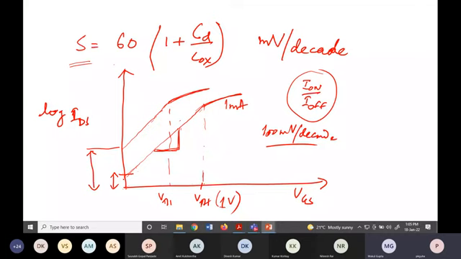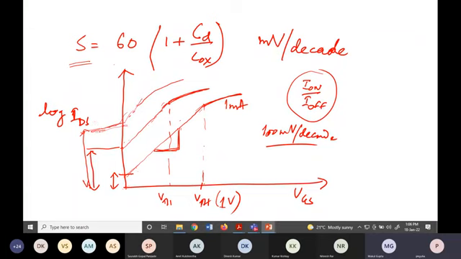Whereas if the threshold voltage is 500 millivolt, you will have 5 orders of magnitude of reduction. If you keep on reducing the threshold voltage, the leakage current, or the current when VGS is equal to 0, keeps on increasing. What is the significance of this?